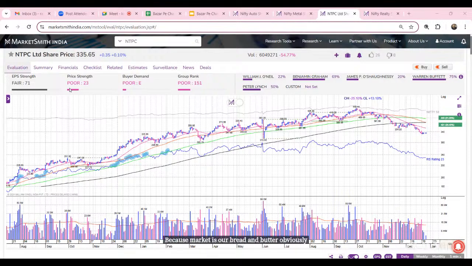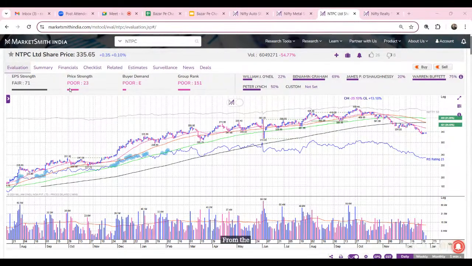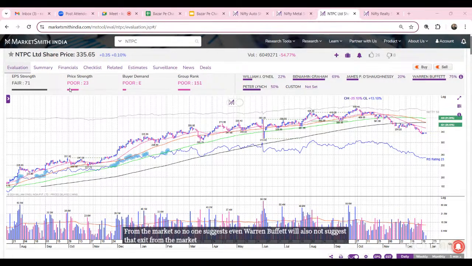If you want to exit, it's up to you. But we never say that you exit the market, because volatility, correction, bull, sideways, everything is a part of the market. The day you exit from the market, maybe you are not from the market. So no one suggests, even Warren Buffett will not suggest, that you exit from the market, but it's up to you. It's person to person's lookout.